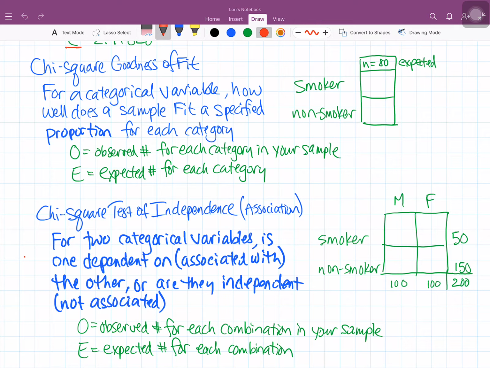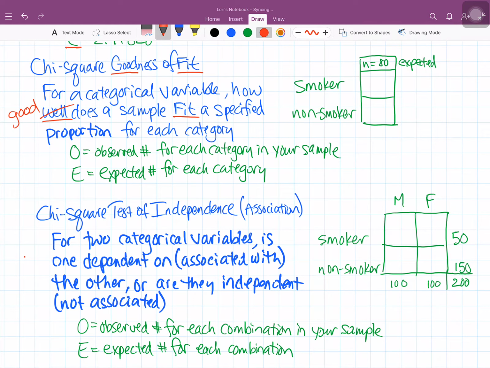I help people remember this by saying you have a good fit. Here we have how well does the sample fit. In English, if I crossed this off and said good, my English teacher, Dr. Gray, would probably roll over in his grave. How good does the sample fit a specific proportion for each category? So here you have the chi-square goodness of fit.